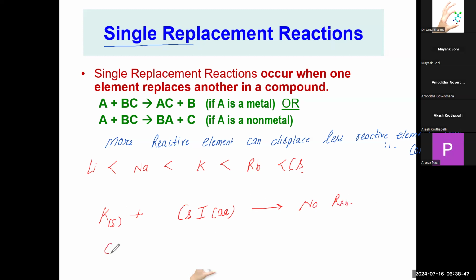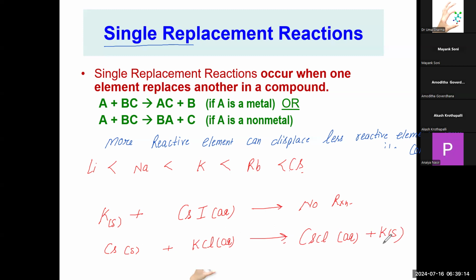But if I give you cesium solid reacting with KCl aqueous, what's the product? Yes, cesium chloride, aqueous, soluble, and K solid. So it's a big chemistry.